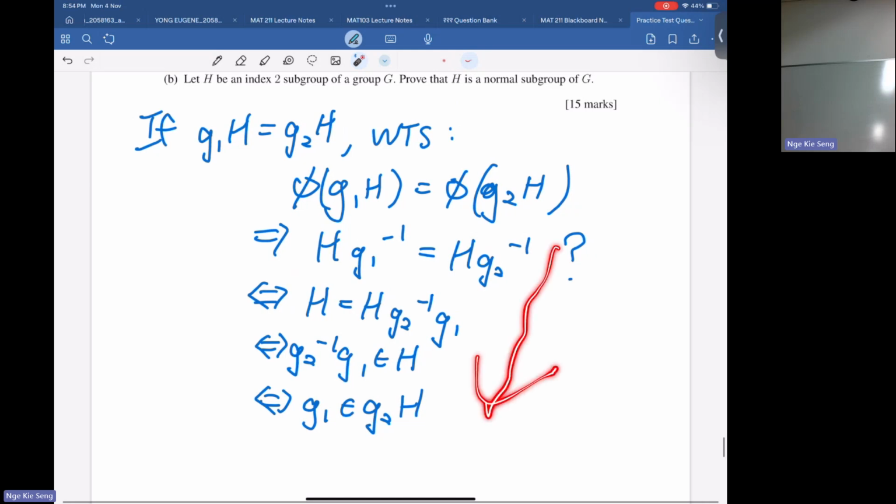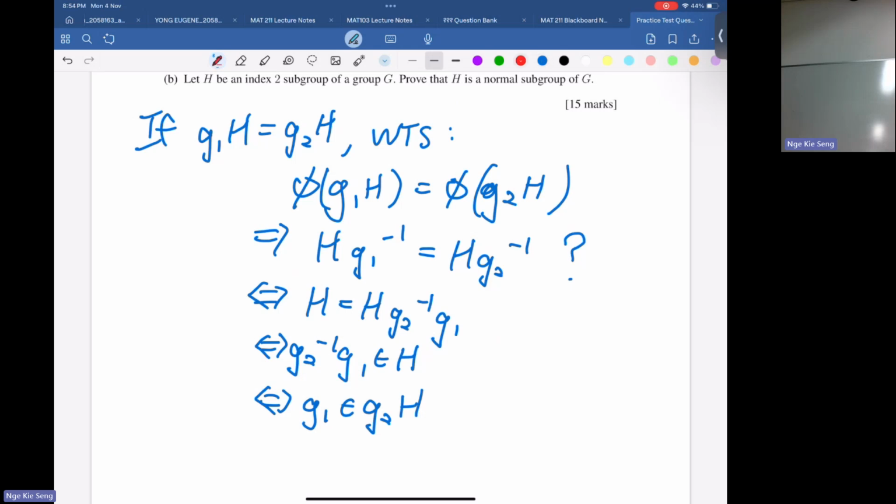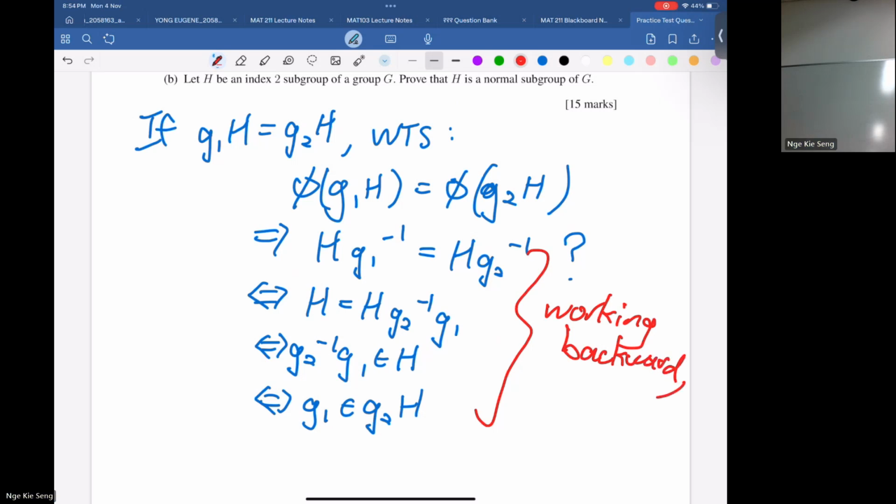So you see, I work backward. 我从后面做上去. Obviously, you need to write the other way around for me. Okay, so this is your working. I'm working backward, so make sure you write forward. PS, you need to write forward.